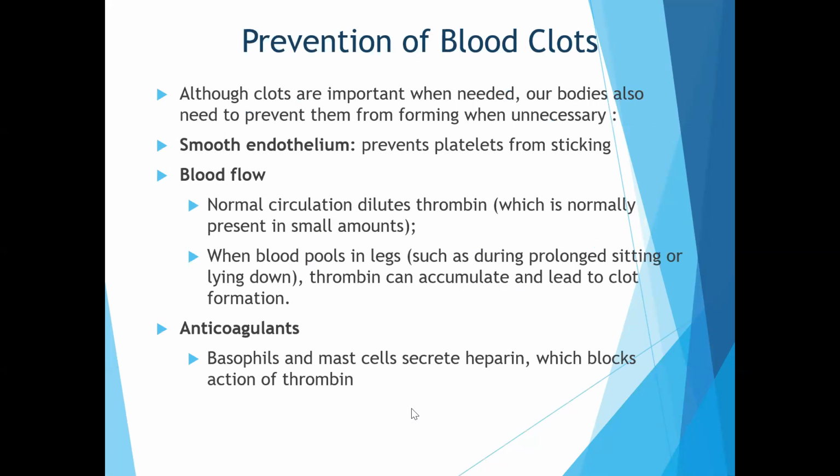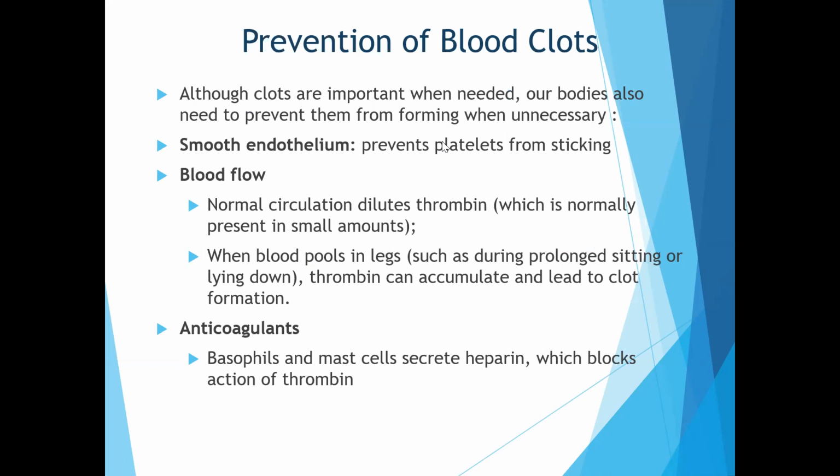Okay, and then to actually prevent blood clots is also important, because when we don't need a blood clot or if we don't have an injury, blood clots can be very, very problematic. So that smooth endothelium that lines our vessel walls is super smooth so that the platelets do not stick. Remember, when it breaks and we get that rough surface from the exposed collagen, the platelets are attracted to it.